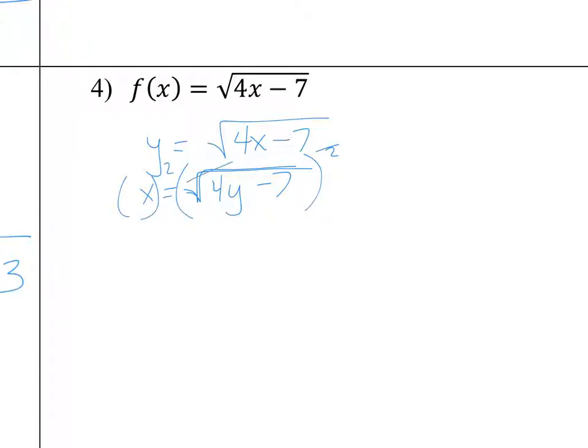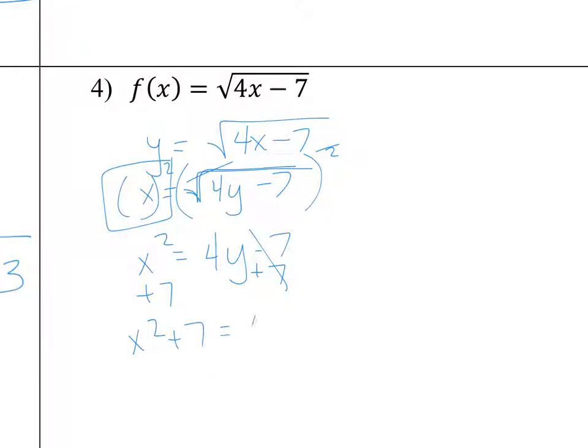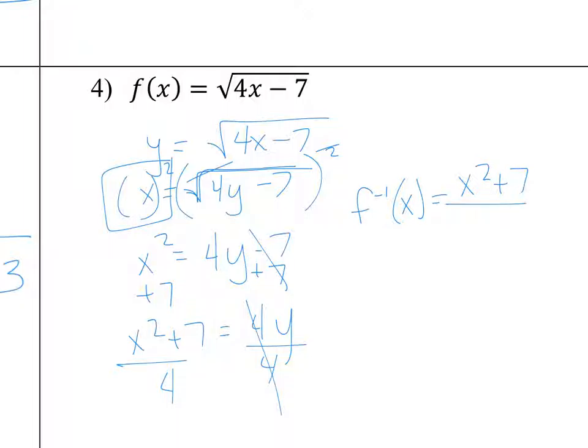When I square it, this radical goes away, but I still need to square this side. And then I solve. Plus 7, x squared plus 7 equals 4y, and then divide by 4. There you go. So the inverse is x squared plus 7 over 4.